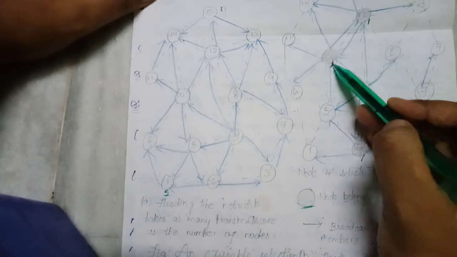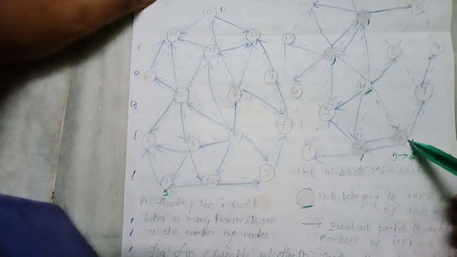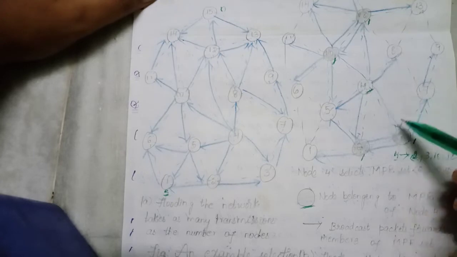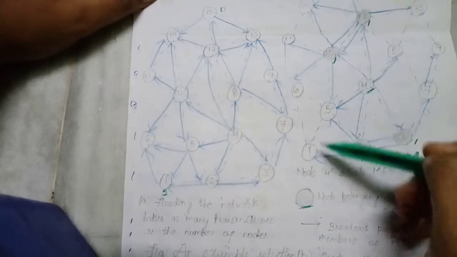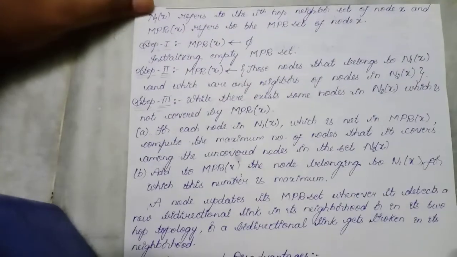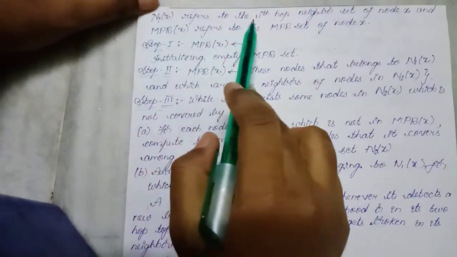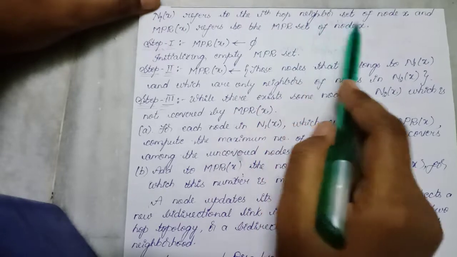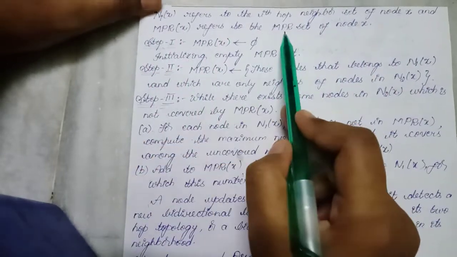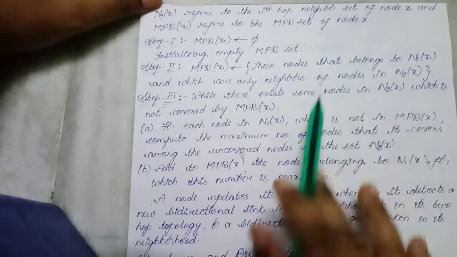Node 4's MPR set is 10, 12, 2, 3. Node 4's neighbor set is 13, 1, like that, and then 2 hop. So here Ni of x refers to the ith hop neighbor set of node x, and MPR of x refers to the MPR set of node x.